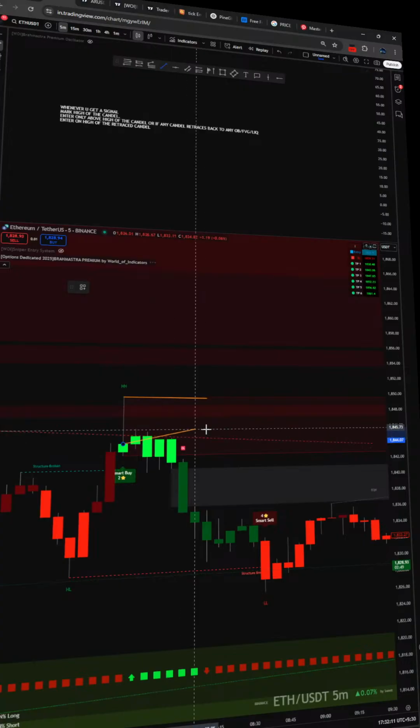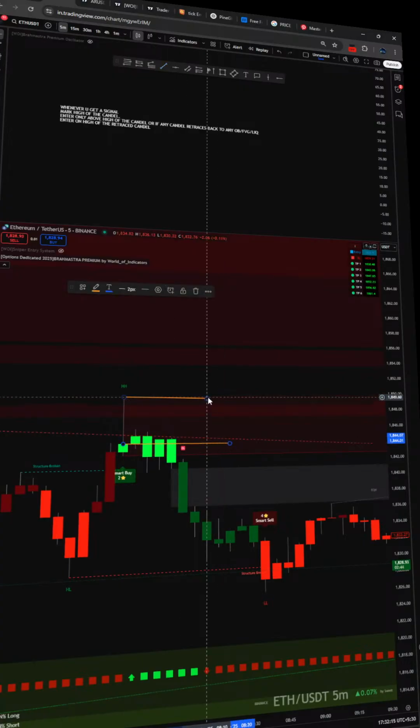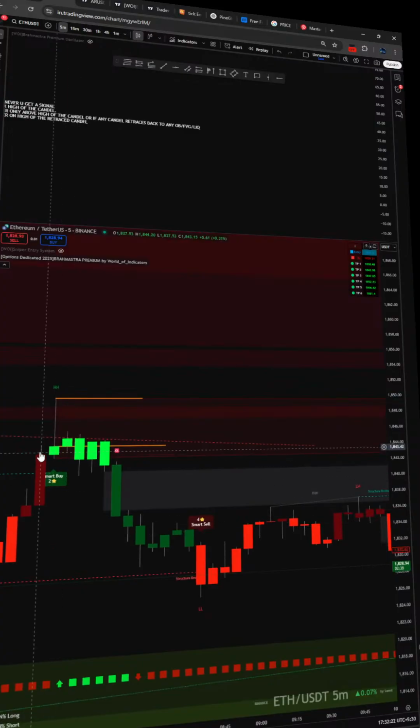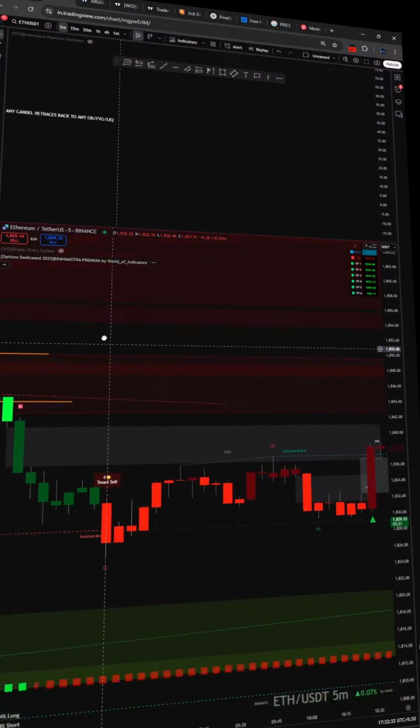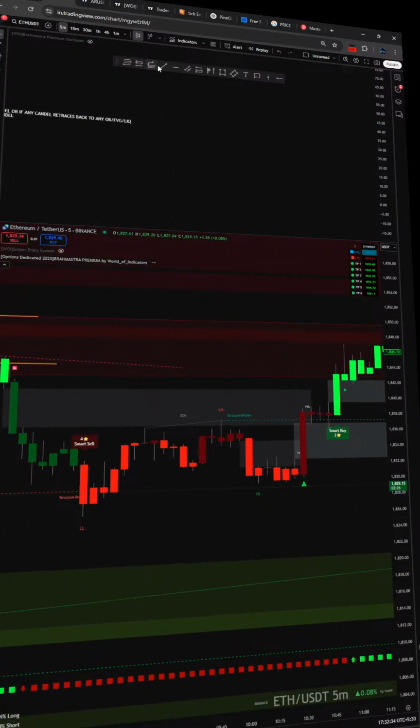One more, you can mark this. There are two ways to enter. Whenever you get a signal, you have to look for the high. Always enter above the high of this candle. So the candle didn't get here, so this candle is invalid.